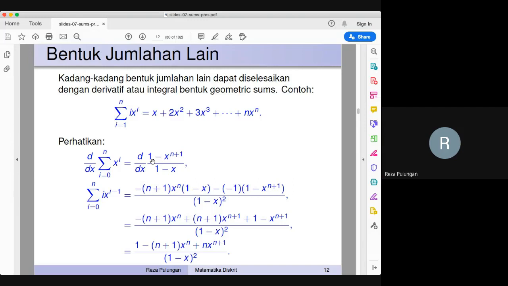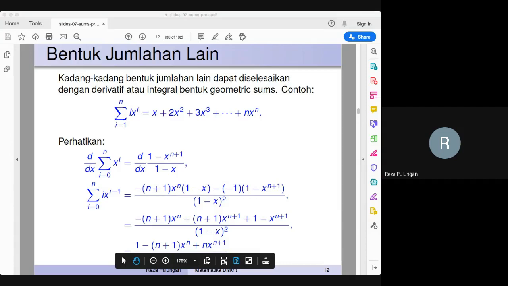You remember the derivative of u divided by v. I hope you remember that. So, wait a moment. I will give you the formula for that.